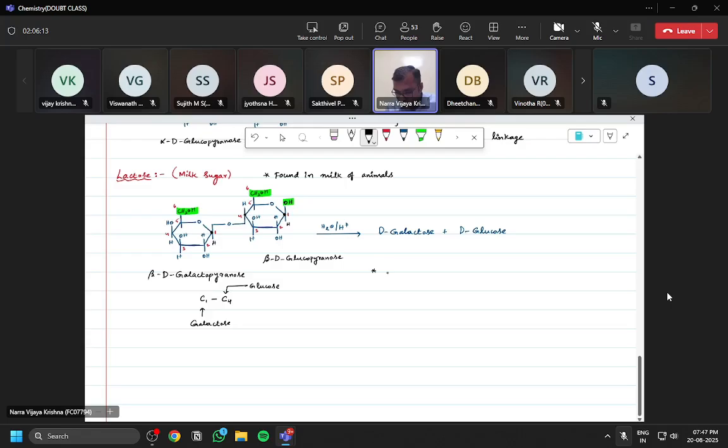Galactose and glucose are C4 epimers. There is a linkage between the first carbon and the fourth carbon, so it is called a C1, C4 beta glycosidic linkage.